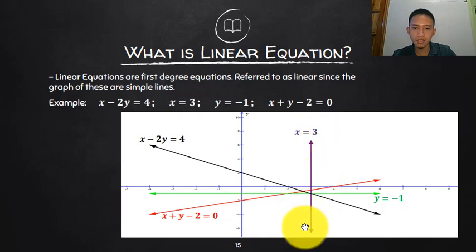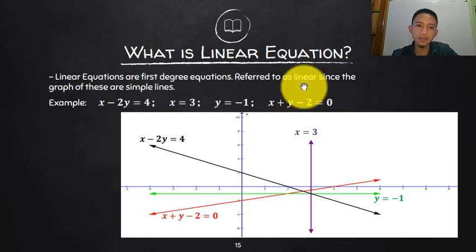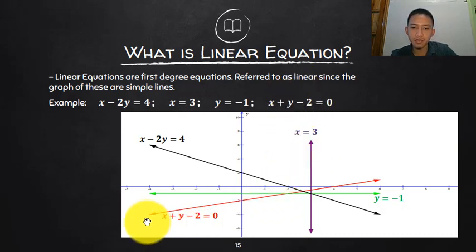So x equals a number is just a vertical line passing at that x. And this is y equals negative 1, that is also a straight line which is passing at y equals negative 1. If you say y equals a number, that is just a horizontal line. And we have here x plus y minus 2 equals 0. That is also an inclined line, which is this red one.